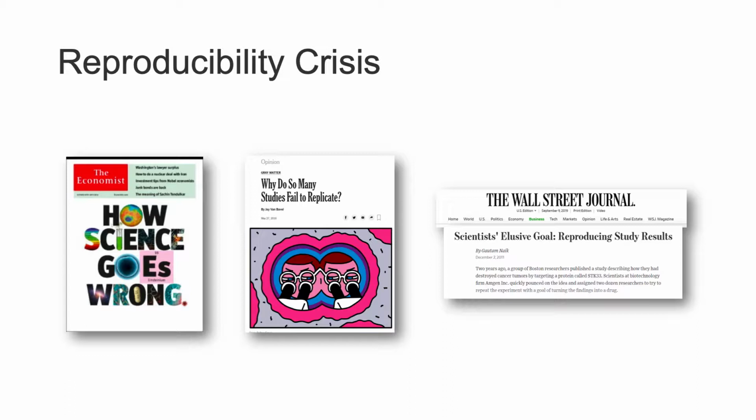And this is a frustrating trend where results of landmark studies with very splashy results, published in some of the top-tier journals in the world, coming from the most prestigious universities that we have in various fields of scientific research, just cannot be replicated, okay?